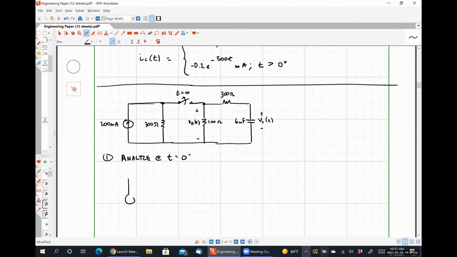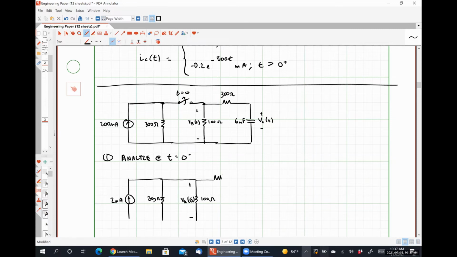So we would have our 200 milliamp current source connected to that 300 ohm resistor. Then we would have our 100 ohm resistor over which that voltage VR at 0 minus occurs.